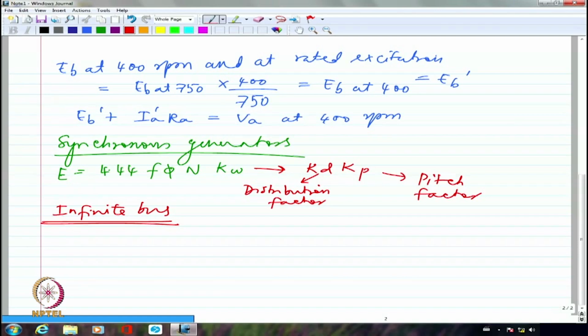Generally, I will try to maintain the frequency and voltage because so many of them are pouring their power into the infinite bus, and all of them are working at a particular value of voltage and frequency. So you would hardly see any variation just because one load is added or one load is subtracted. That is not going to make a big difference in terms of the voltage and frequency.